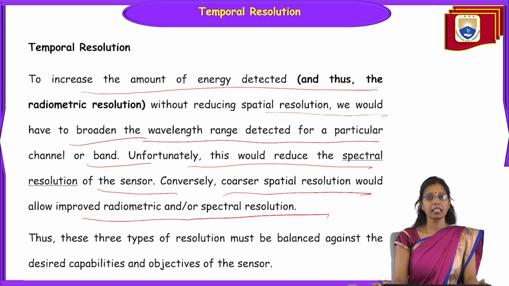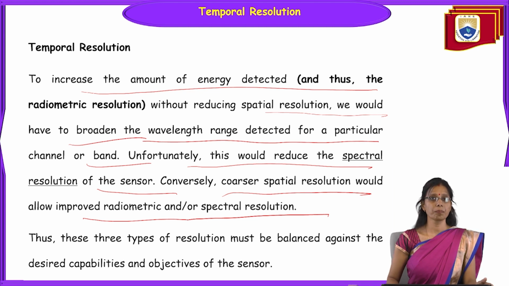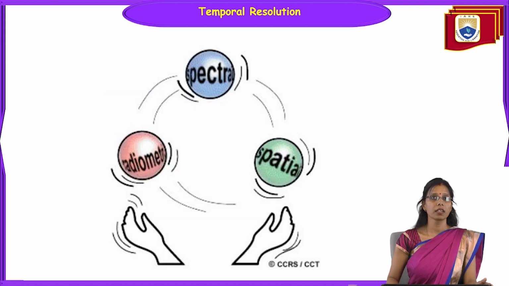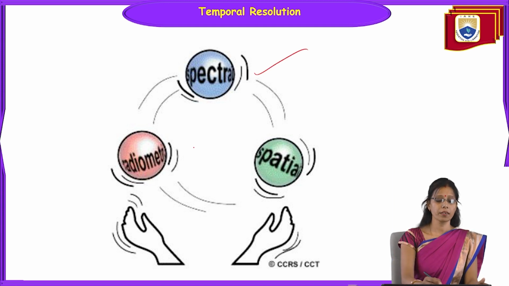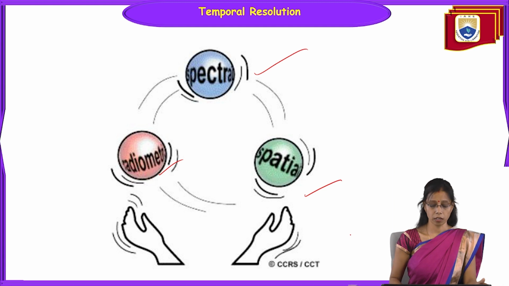Thus, these three types of resolution must be balanced against the desired capabilities and objectives of the sensor, right? So basically these three are more important when the sensor is designed: spectral, radiometric and spatial.